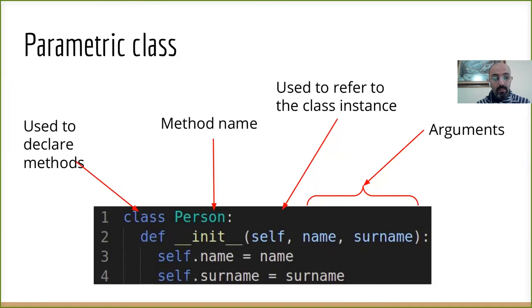It has a predefined name, so this is a built-in method, for which we need to specify only the values that we use to assign to a specific instance and to fill with the data that we need to express the person.